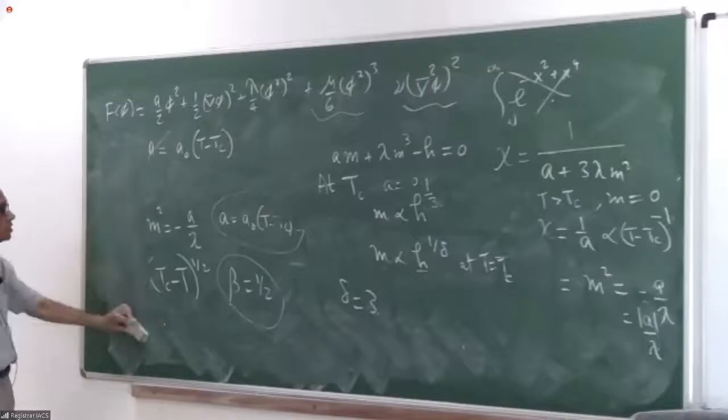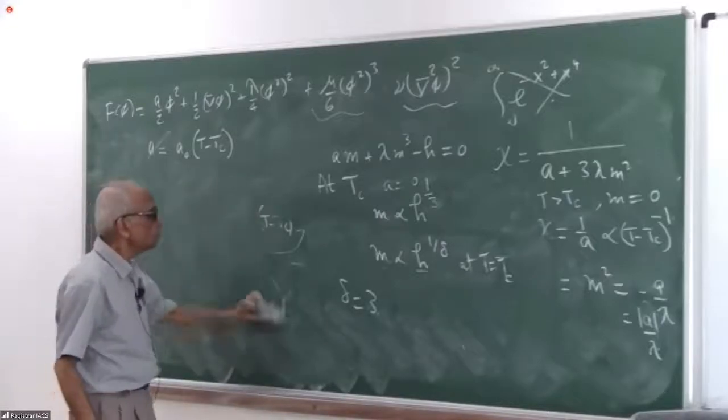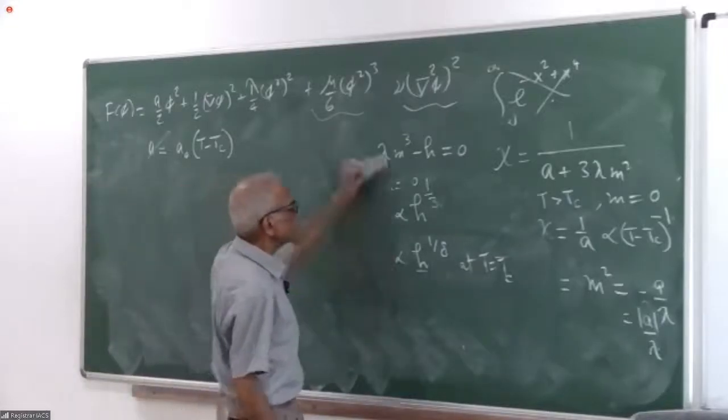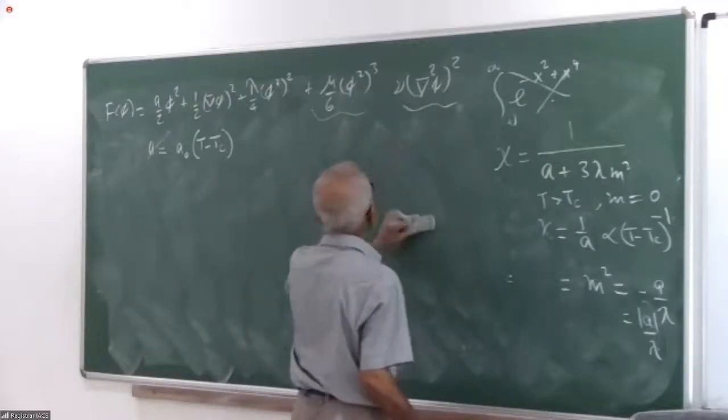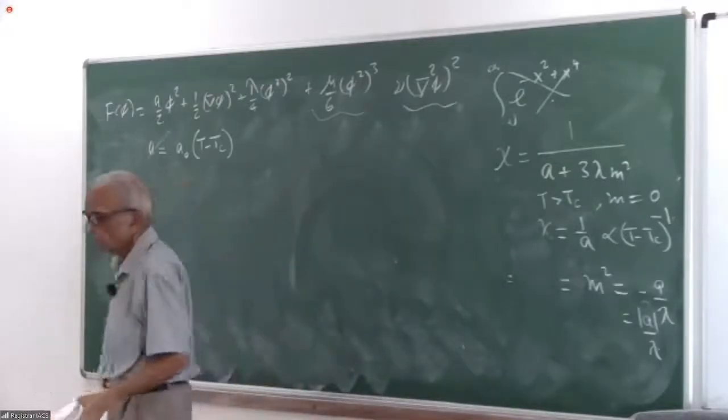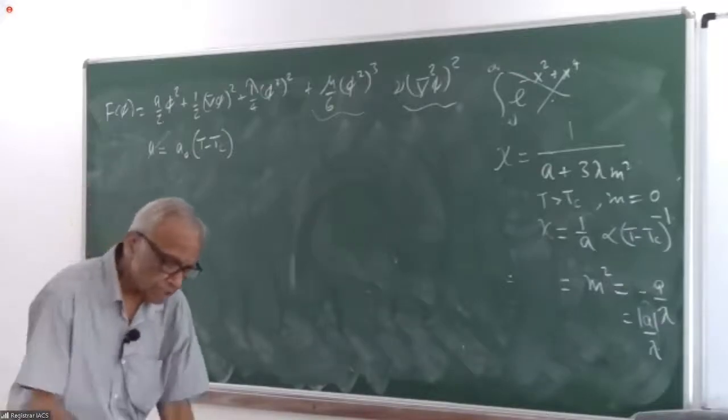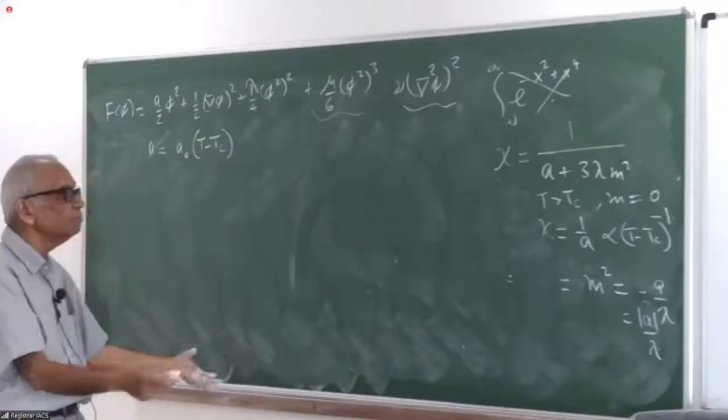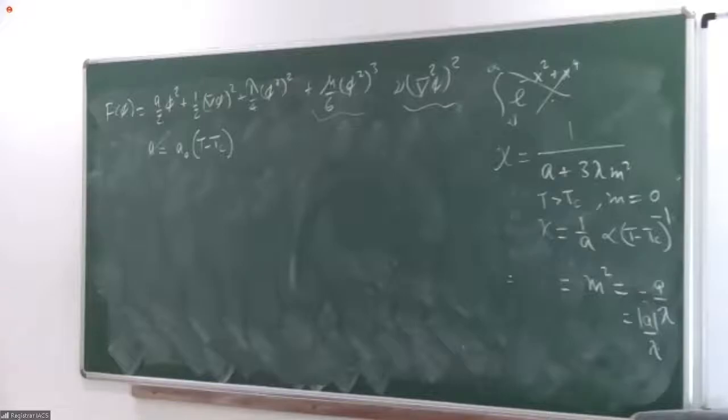So this is a decent point to end the discussion. What we have just gone through tells me that I have done the mean field theory for this continuous model.